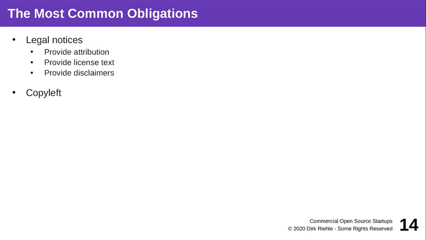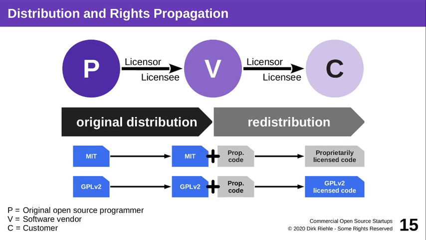So licenses that have a copyleft clause are called copyleft licenses because that clause is so important. The copyleft clause is also known, not so fairly, as a viral clause or a viral license.